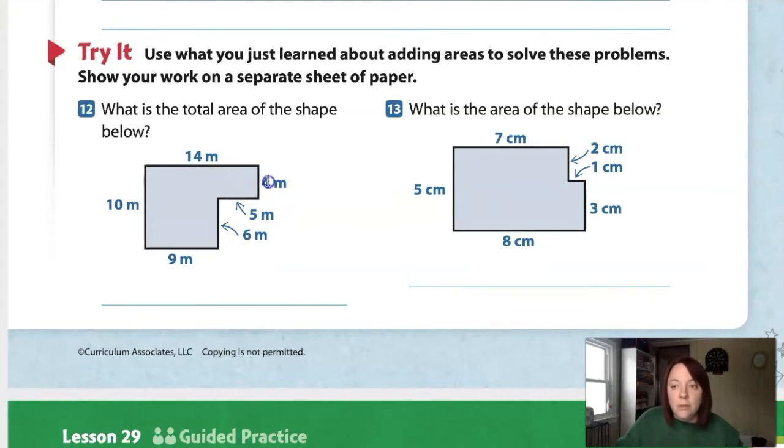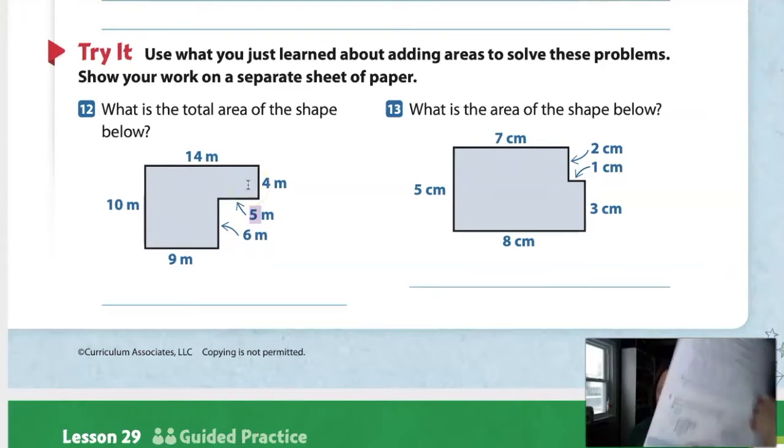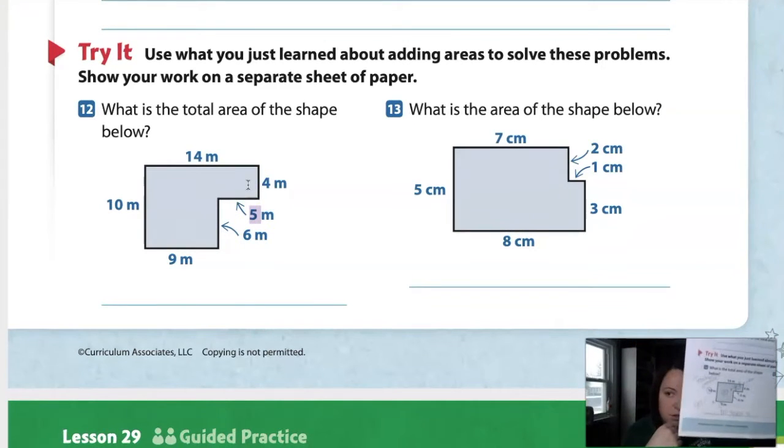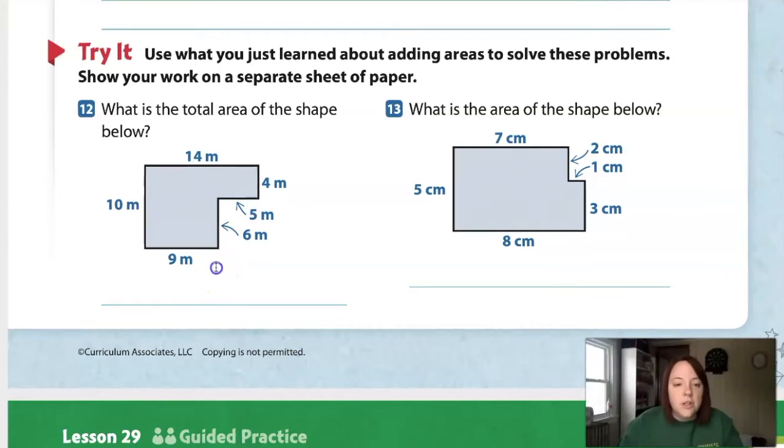So we know already what 4 times 5 equals. That is 20. So you can see where I got it, 20. Then on the bottom part, you have this part highlighted right down here, which is 9, and your side highlighted, which is 10. So then you only need to worry about this square right here.